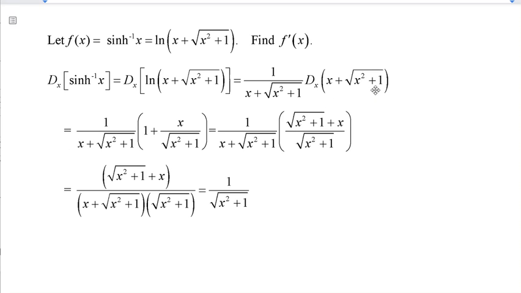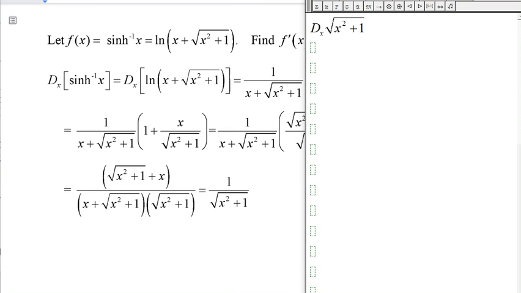And now let's do the derivative of the square root of x squared plus 1. And so we need the derivative of x squared plus 1 to the 1 half.